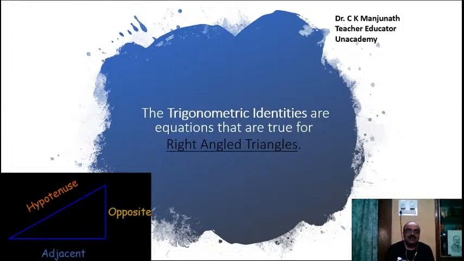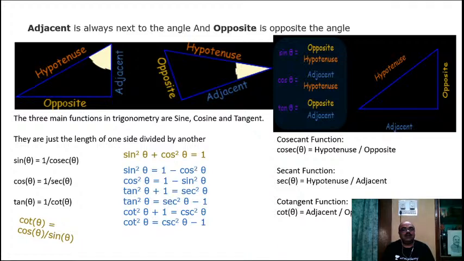Opposite is the side which is opposite to the angle that has been created, and adjacent is the side next to the angle. You can see it very clearly on the slides. Opposite, hypotenuse and adjacent are described very systematically.